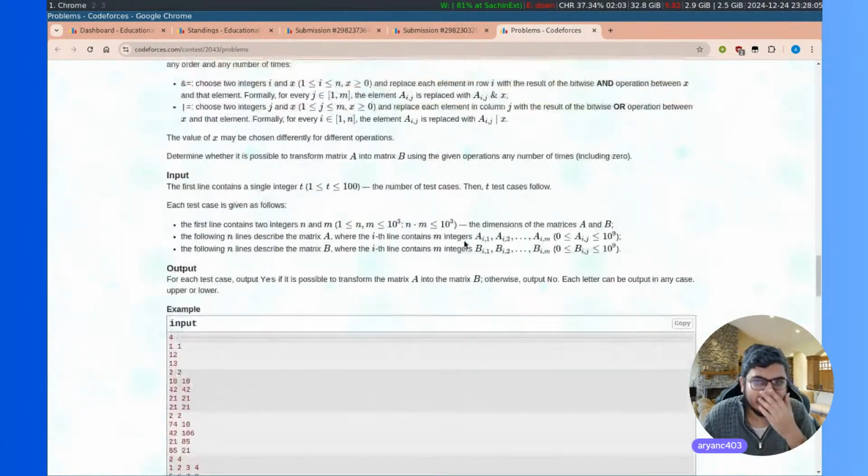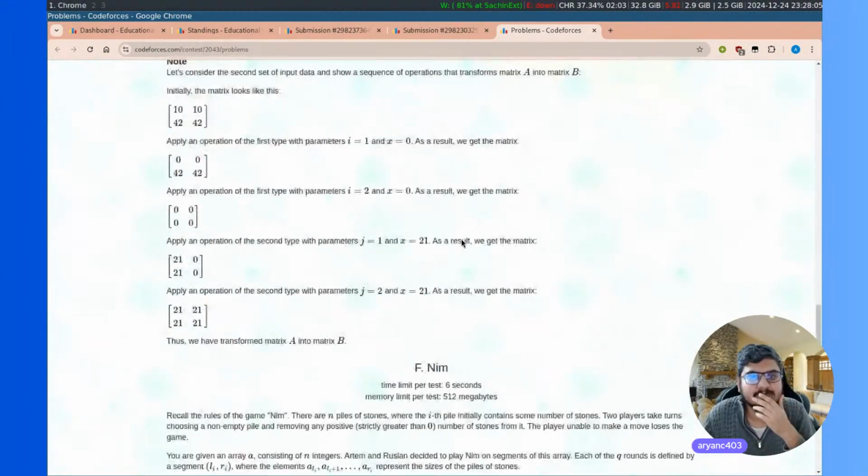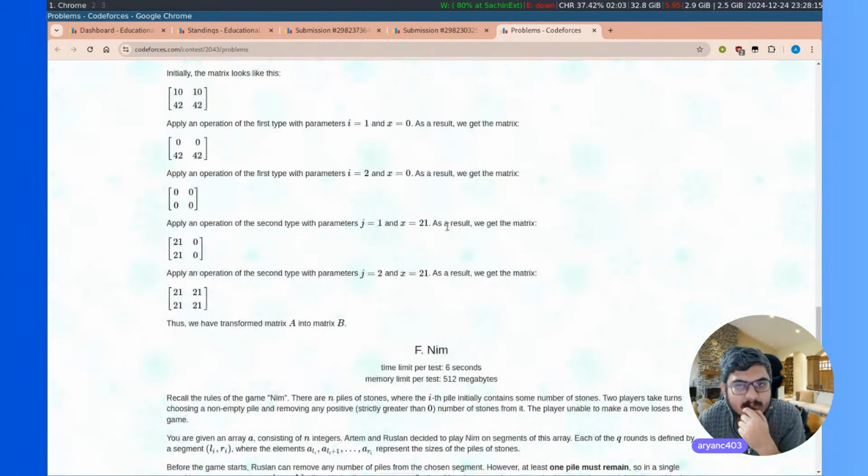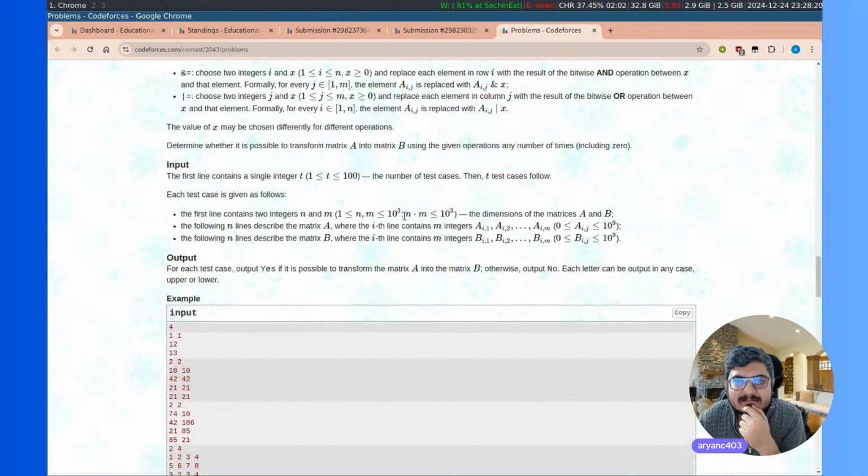Okay, I think I will probably move to problem F. Recall the rules of the game. There is a constraint here. Okay, there are up to 100 test cases. That's an interesting part.